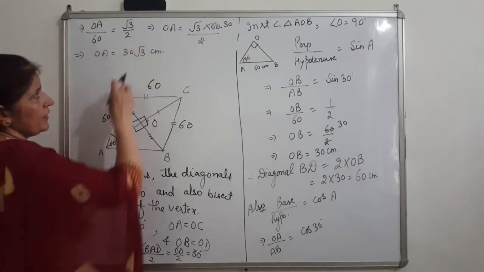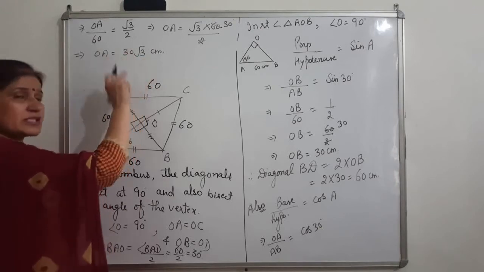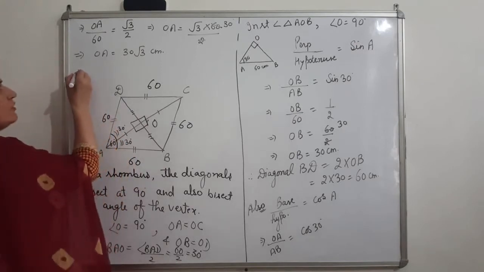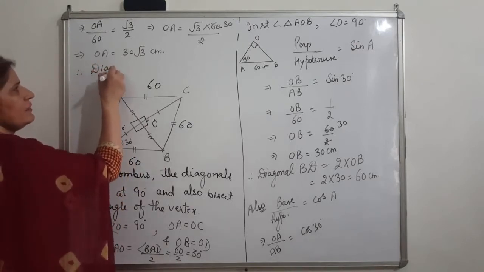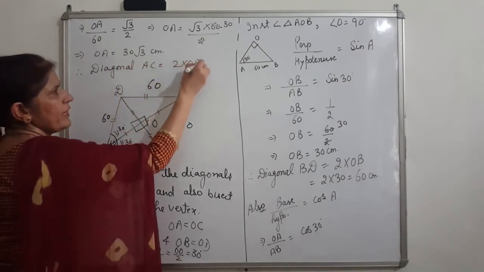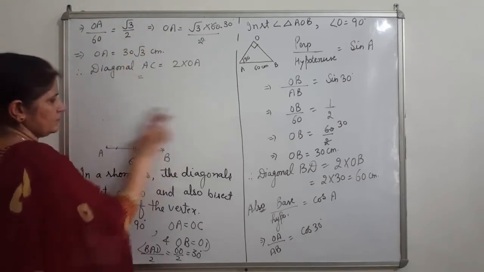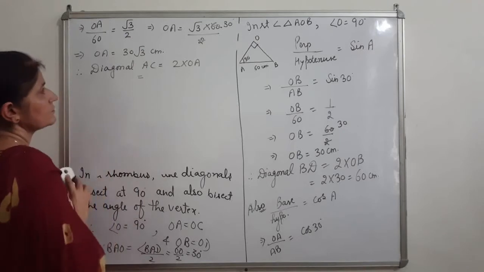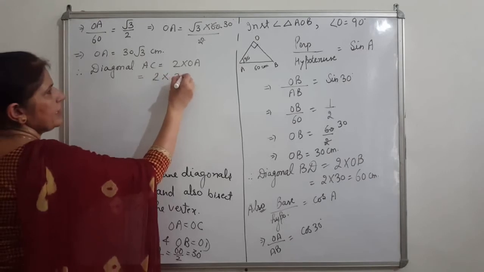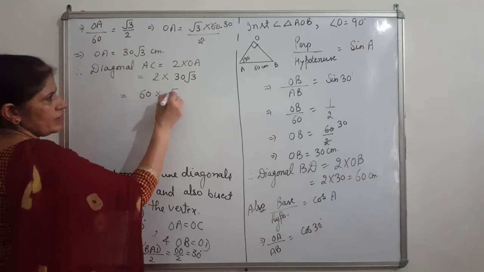But here you can double first and then substitute the value of root 3. Otherwise, first you substitute the value and then afterwards you can double. It is up to you. Therefore, the length of diagonal AC equals twice of OA. That means 2 into 30 root 3, that means 60 into root 3.